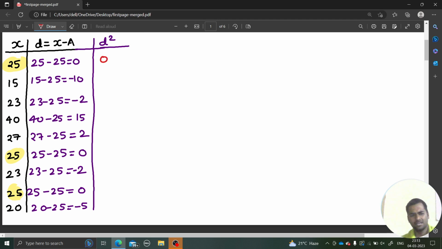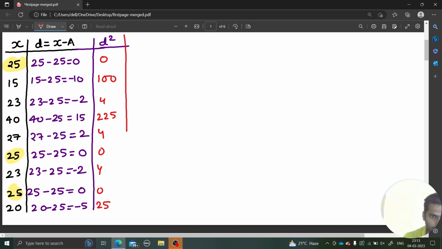Luckily, because we took the assumed mean as 25, that gave us a bit of an edge, because 3 times you are getting 0, so the calculation will be a bit easier for you. Here it will be 100, then 4, then 225, I guess, then 4, then 0, then 4, then 0, and 25. That's it for the table.